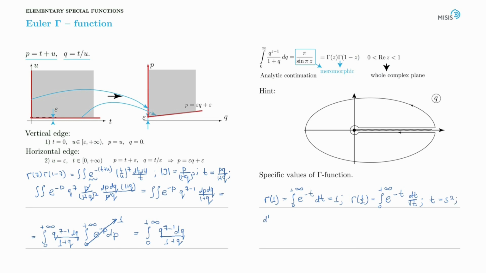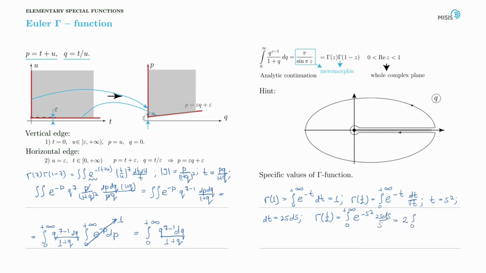So dt is 2s ds, and as a result we have gamma of 1/2 equals the integral from 0 to plus infinity e to minus s squared 2s ds over s.